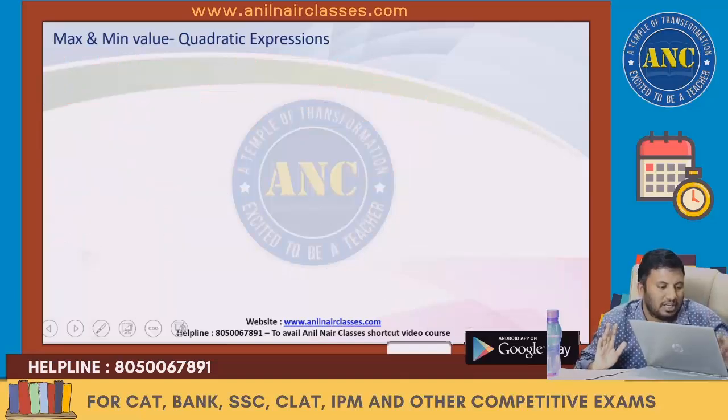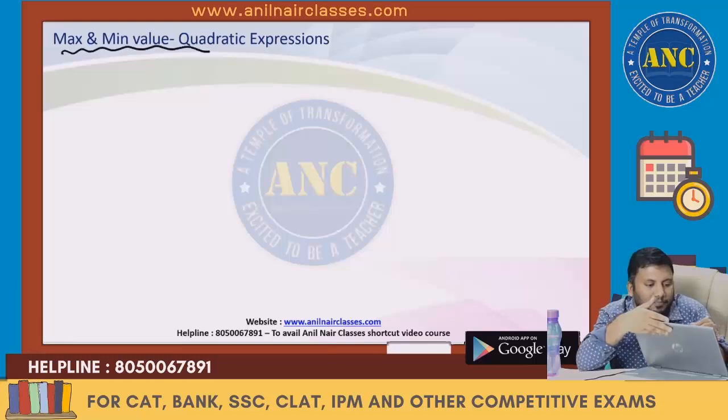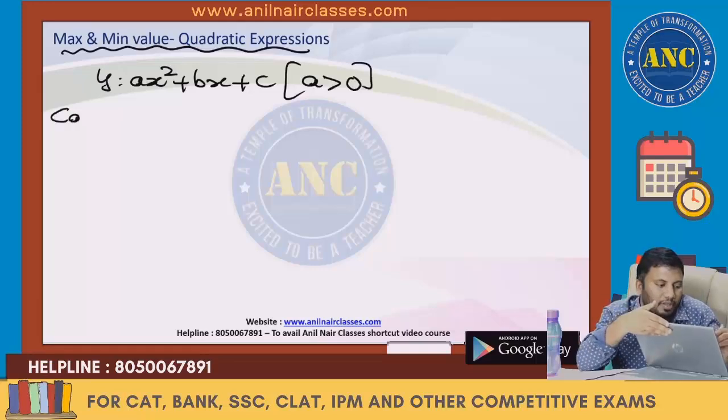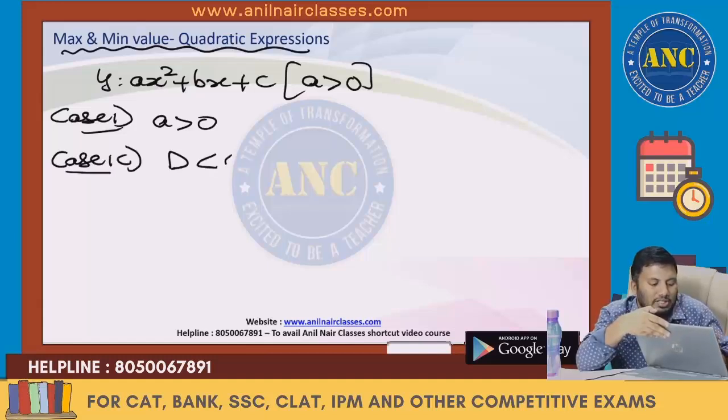Now we will see case number 3. Y is ax square plus bx plus c. We are discussing the case a is greater than 0. Case 1, a is greater than 0. In that one, case 1c, D less than 0.